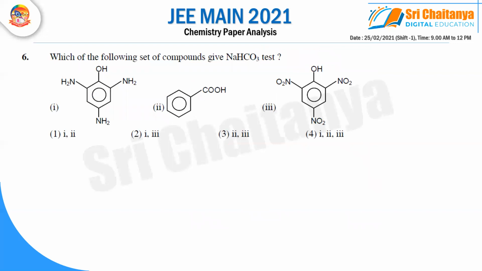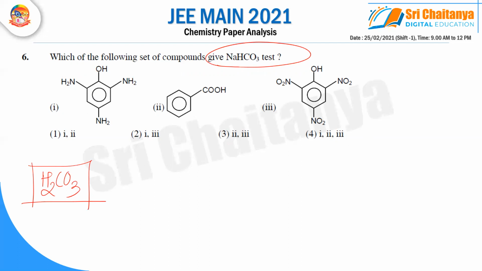Next, we have which of the following compounds are going to give the sodium bicarbonate test. Here you need to keep in mind that compounds which are more acidic than carbonic acid, H2CO3, are going to react with NaHCO3 and produce CO2, and that CO2 is a colorless gas which is going to exhibit itself as an indicator in the test.